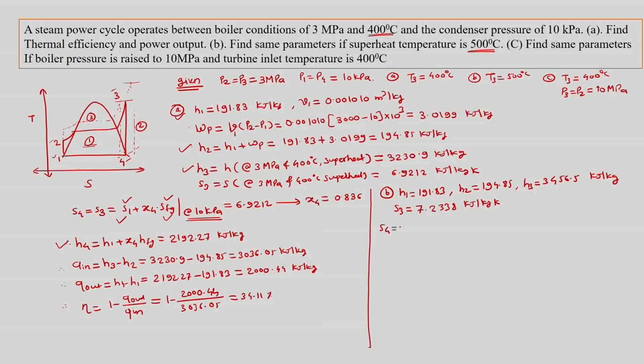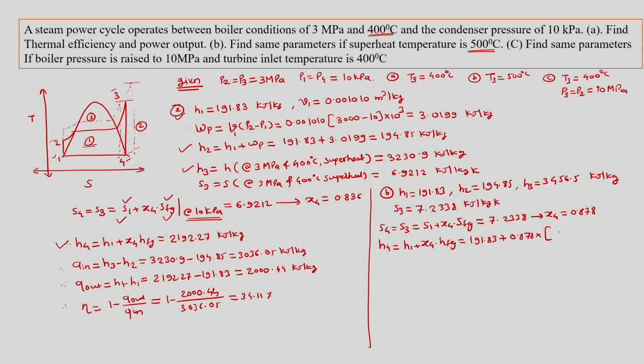Knowing this, we can again say S4 is equal to S3 is equal to S1 plus X4 into SFG, which is equal to 7.2338, and this gives us X4 as 0.878. So we can find H4, and H4 is H1 plus X4 into HFG. So it is 191.83 plus 0.878 into HFG.